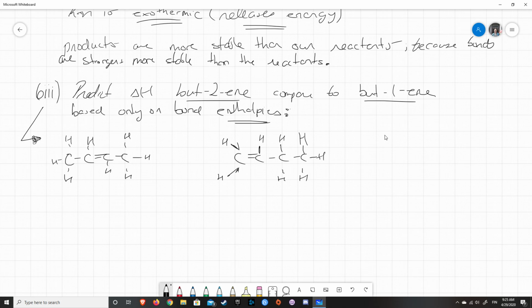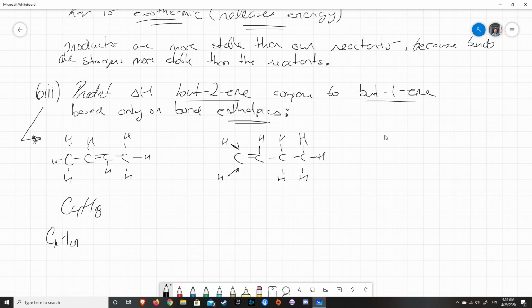Okay, so it says using bond enthalpies. Let's look at the formula for them. C4, H, 1, 2, 3, 4, 5, 6, 7, 8. C4H8, which is the typical formula for an alkene, CnH2n.